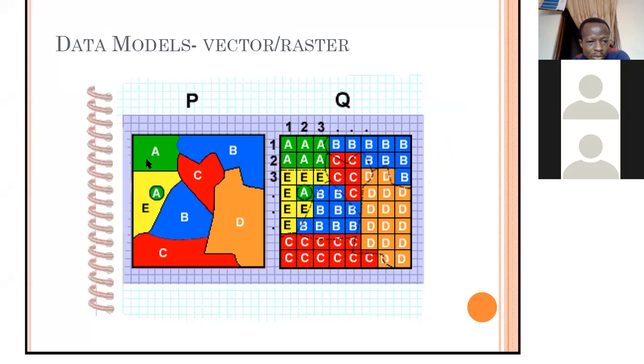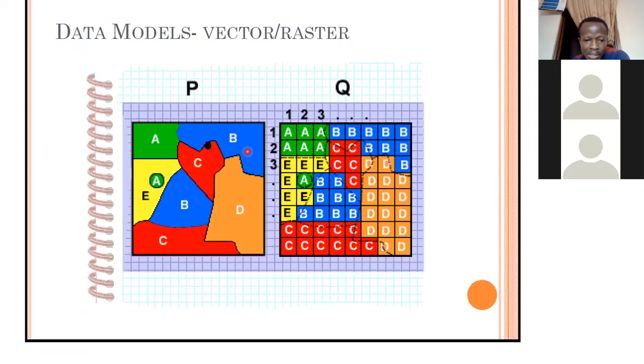So on the right hand side, we have the raster representation of something. These could be fields or anything at all that you can think about. What we have here on the P, on the ground, could be a field of corn and water and all that going on. So what the raster is doing is representing everything that we are seeing.